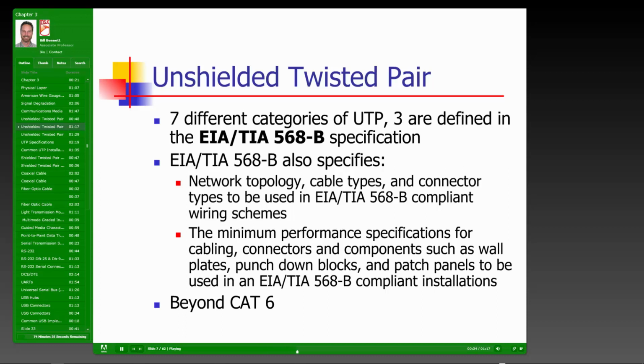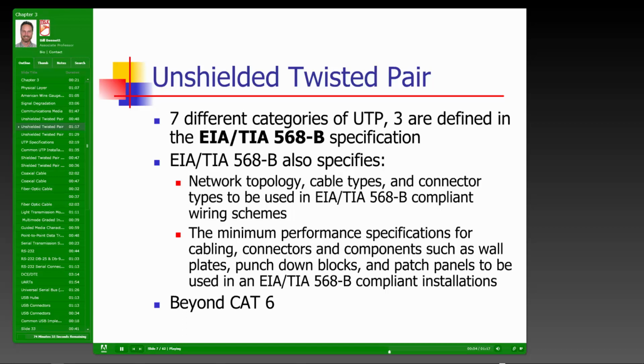Part of that wiring scheme also identifies the minimum performance specifications for the cabling, the connectors and components such as wall plates, punch-down blocks, and patch panels used in EIA-TIA 568B compliant installations.